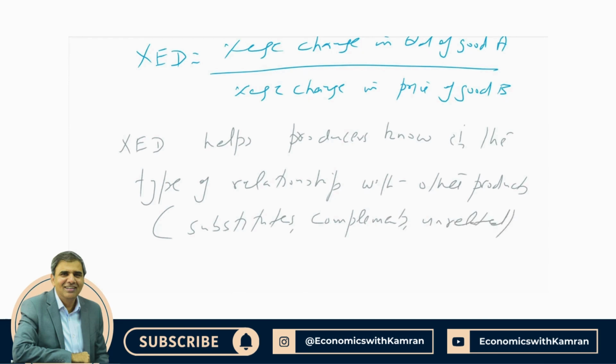So knowledge of cross elasticity tells us whether our product is a substitute of a product made by another firm, or it is a complement, or is unrelated.